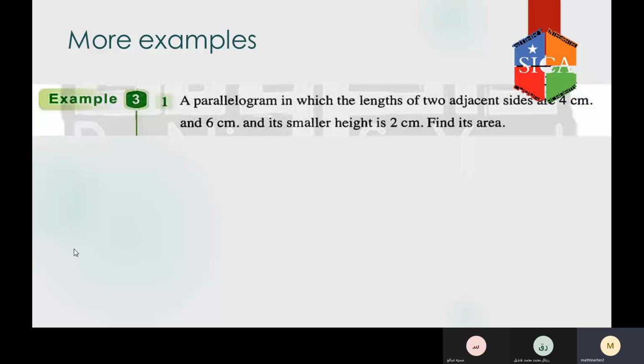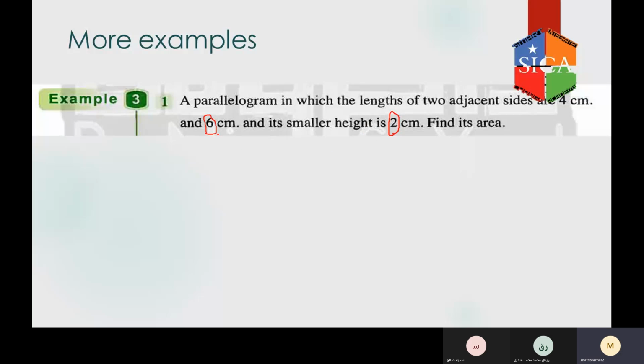Here we have one is greater than the other. The greater base is 6 and the smaller base is 4. And its smaller height equals 2, find its area. Observe, in the beginning of our lesson today, we said that the greater base corresponds to the smaller height, then we take the smaller height with the greater base, and the area will equal the base times the height.